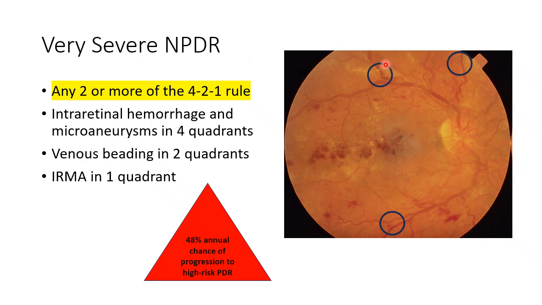You see this sausage-like beading, thinning and thickening of the vein, and segmentation. That is the venous change present in three quadrants of the retina, which satisfies the criterion of very severe NPDR. That was 15%. This one has a 48% annual chance of progression to high risk PDR.